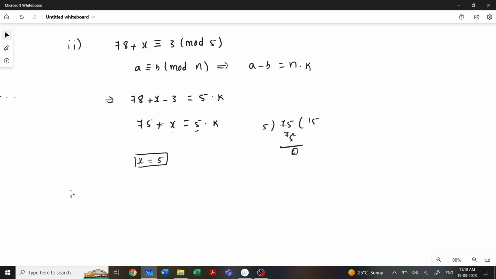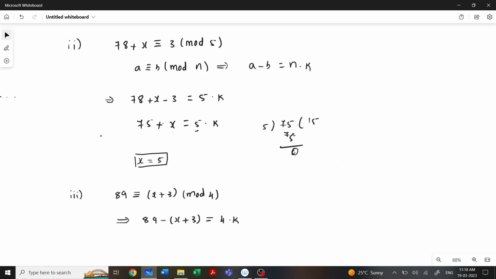One more example: 89 is congruent to x plus 3 in mod 4. Again, by definition, this can be written as 89 minus (x plus 3) is a multiple of 4, that is, 4 times k.